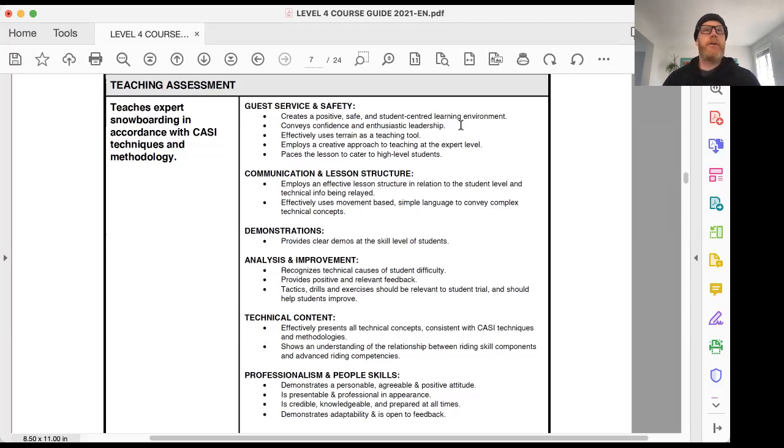And those things are really not present in a lesson. When we're teaching a lesson, we're just relaying movements in a simple way at this level for advanced and expert snowboarders. Obviously, some of those concepts might be a little bit complex. And so what we're looking for from you is your ability to relay those complex ideas in a simple way.